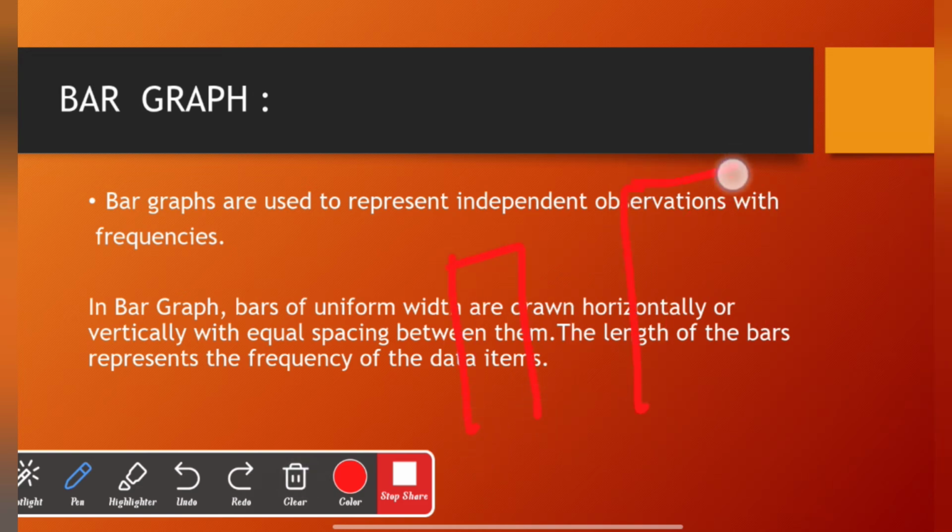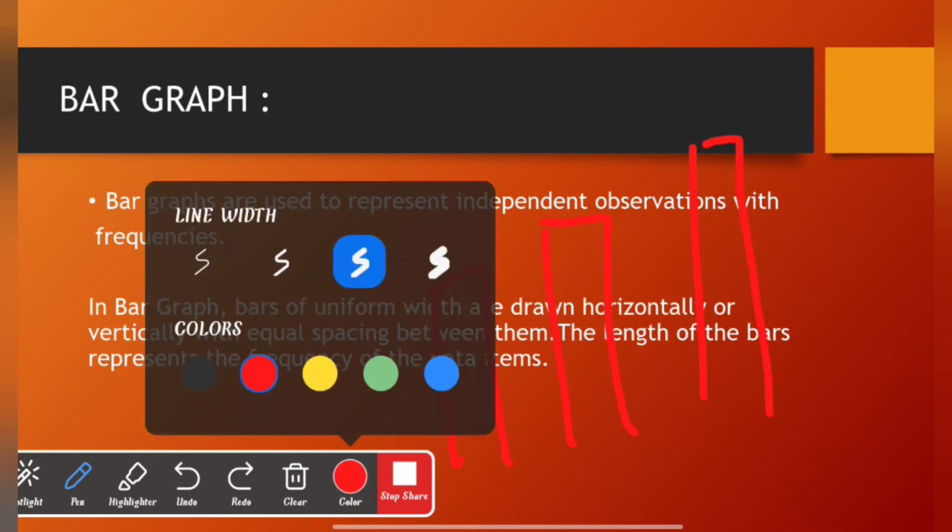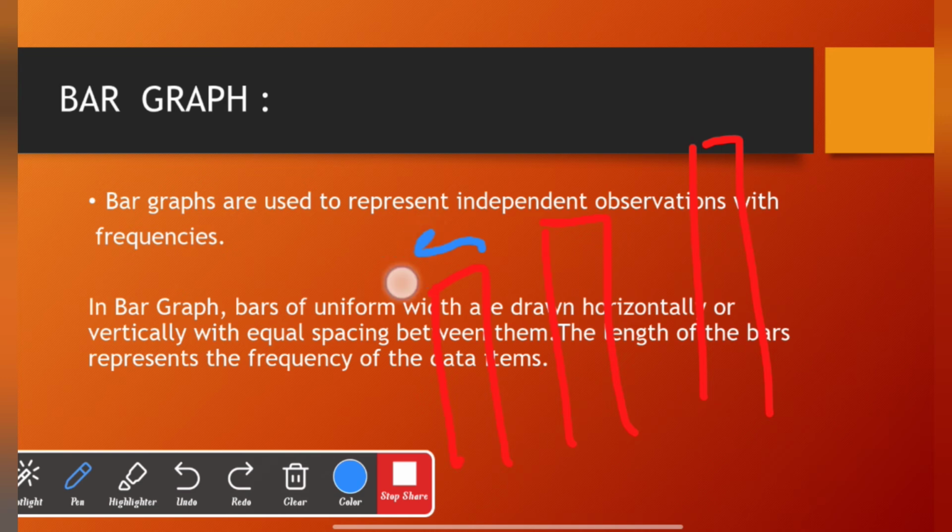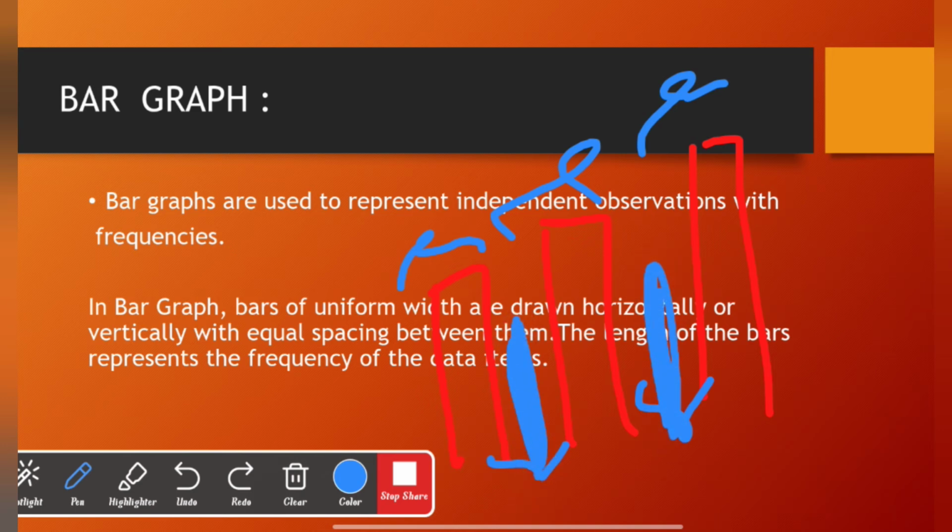Suppose these are the bars. These bars should be of equal width, and the space between any two bars should be the same. How much distance is here, that should be the same here, and the widths should be equal to one another.